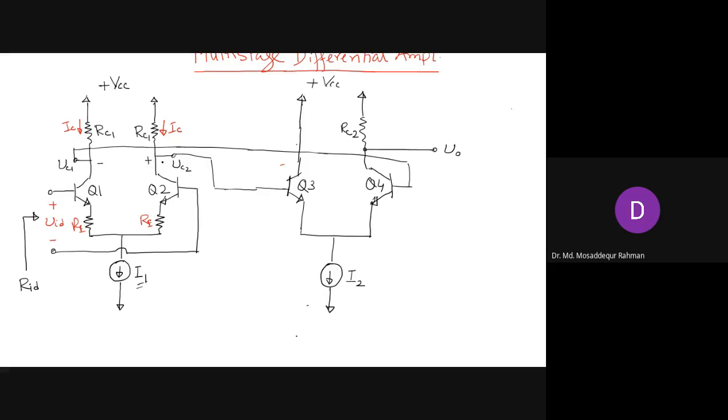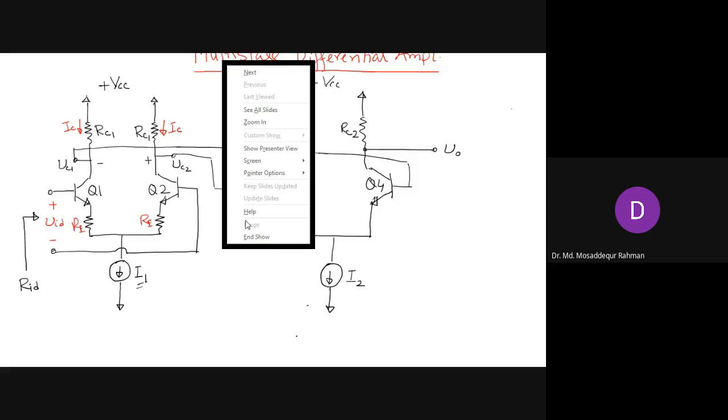So this VC2 is connected to the first one here, because we apply the voltage like this, positive on this side, negative on this side. And VC1 goes to the input of Q4. So this is how the output of the first stage will go to the input of the second stage.